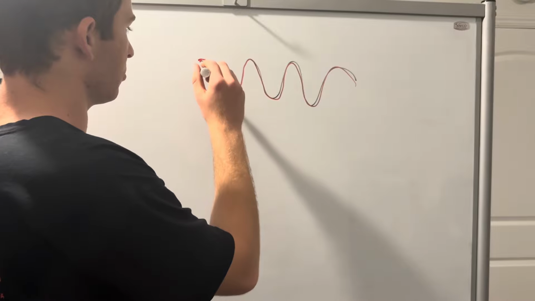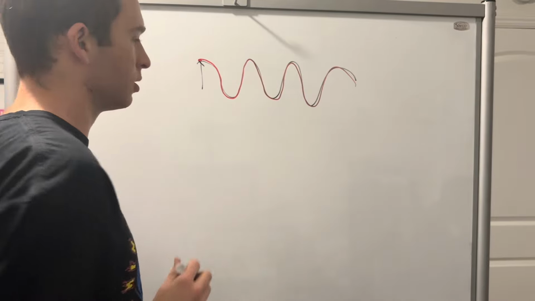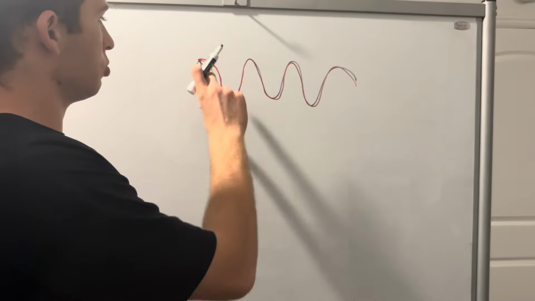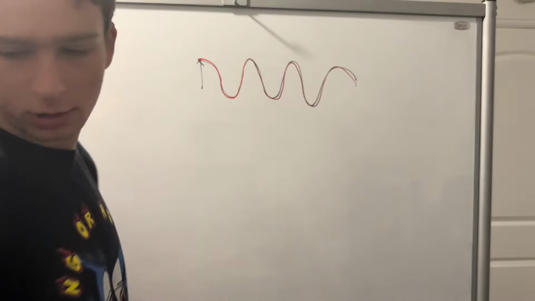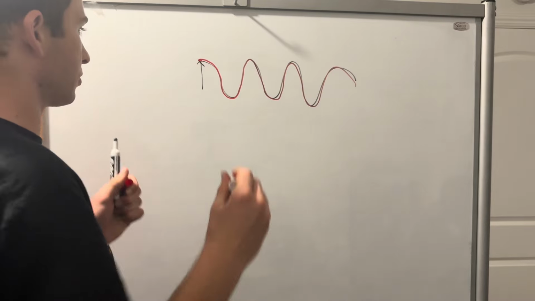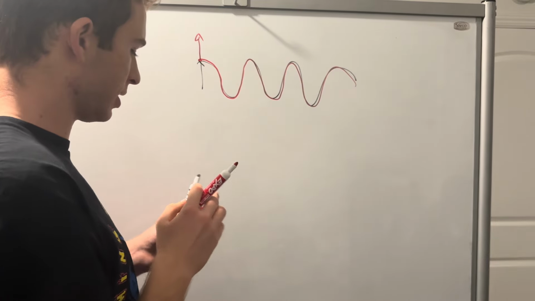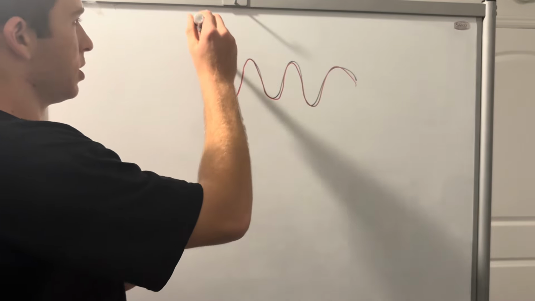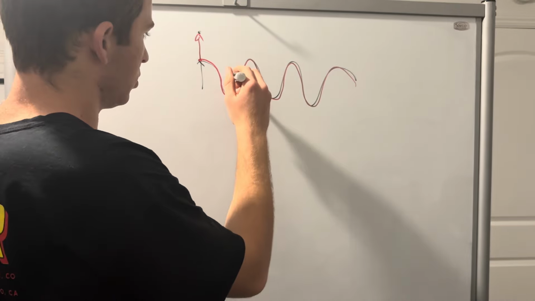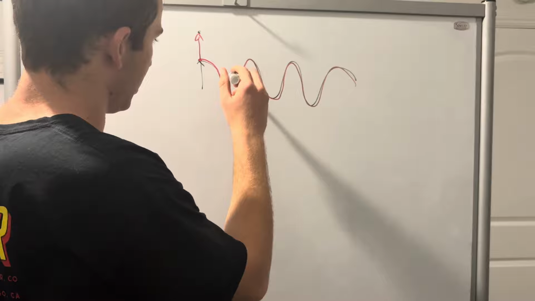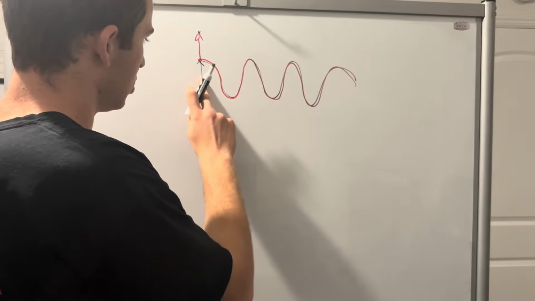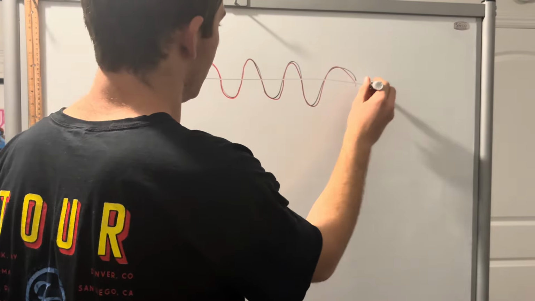And so the resulting wave, if you add up the amplitudes, you have this plus this other red one, which I'll use in a different marker. So it'll look like this. The wave's going to be up here. And then for this one, actually let me add this little center line.